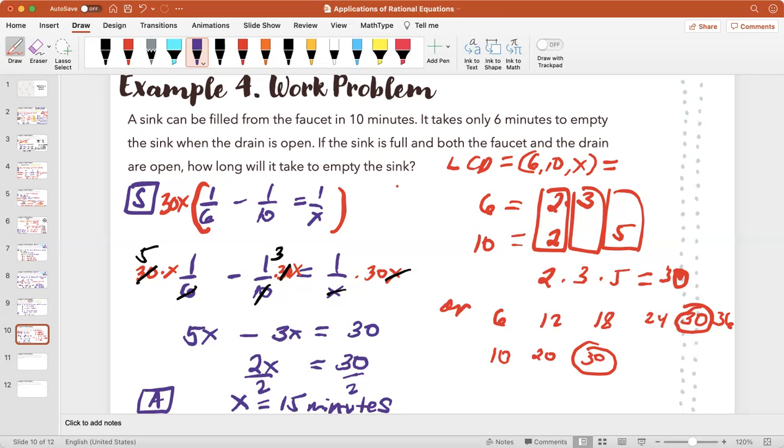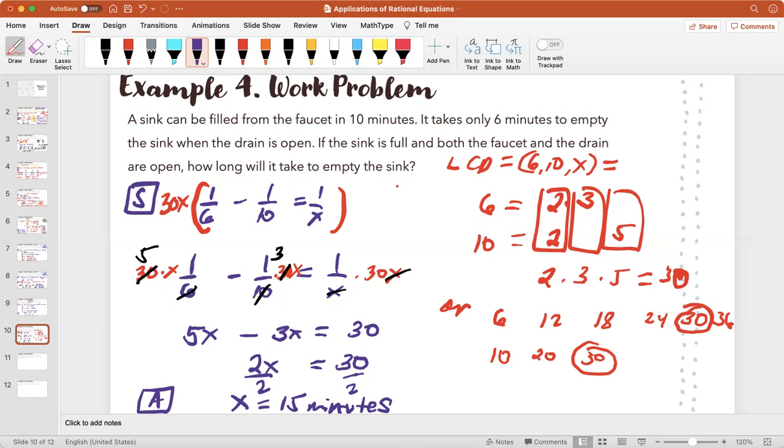That's a different case from our previous problem, because the previous problem asked how long it will take to fill if both are open. In that case, filling is faster than emptying. But here, emptying is faster than filling, so there would be nothing left in the sink. So it will be 15 minutes.